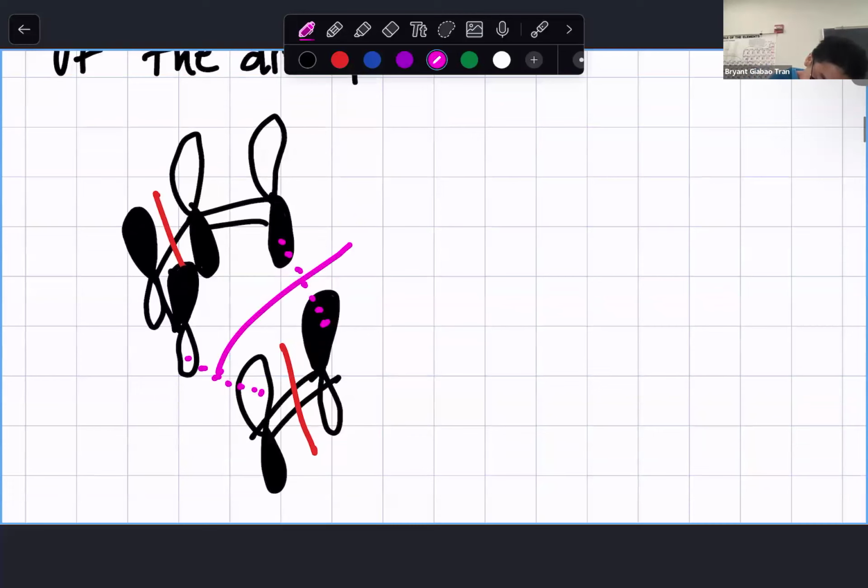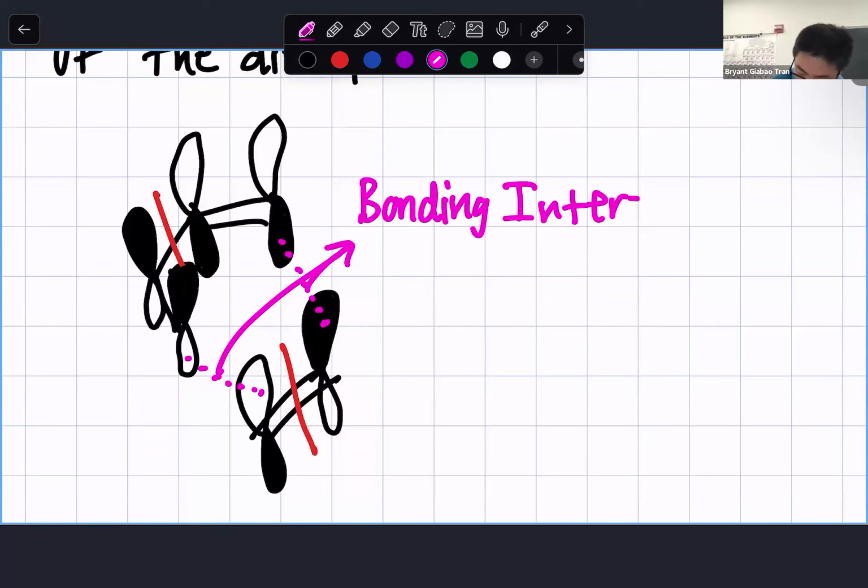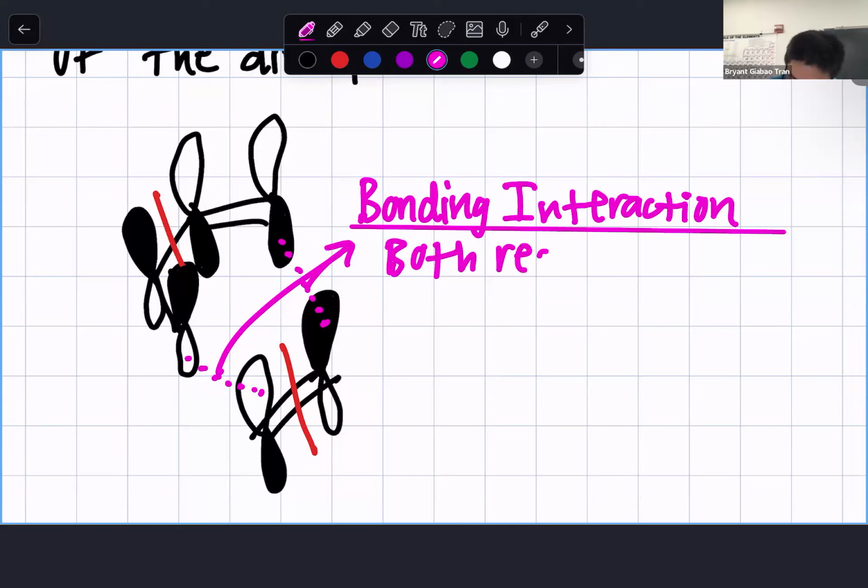So these here, bonding interaction, so both reactive sites have constructive meaning, like in phase.